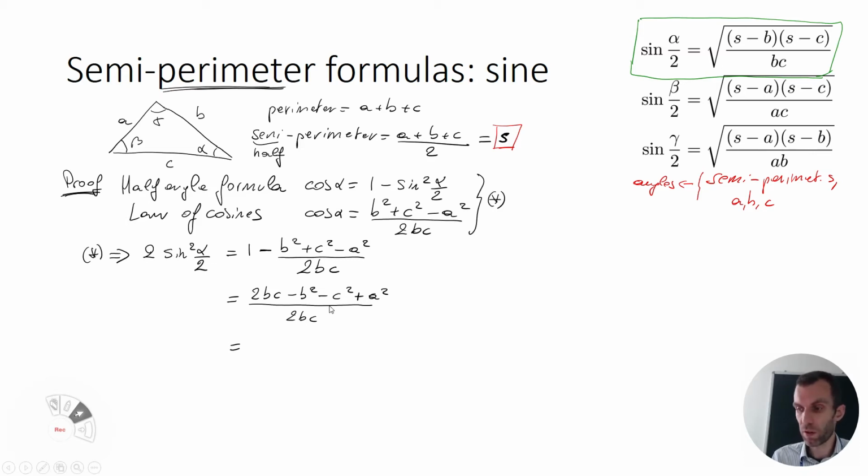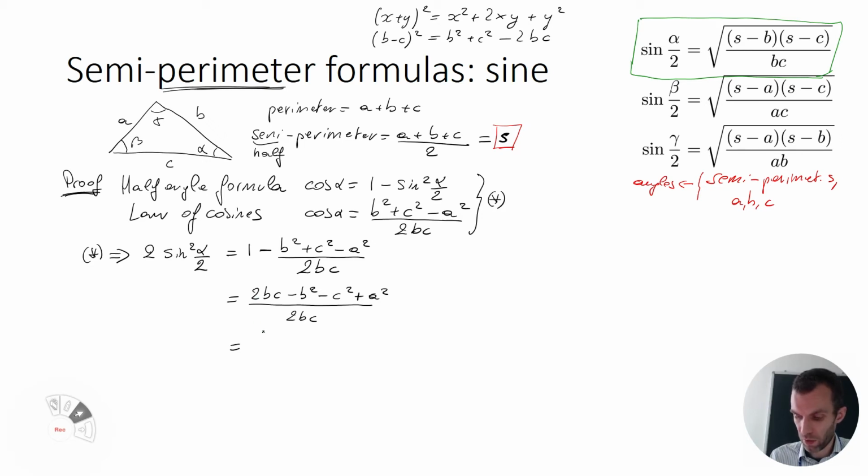If you think a little bit about the formulas that you know from algebra, you know that x plus y squared is equal to x squared plus 2xy plus y squared. So here we have the same thing. We're going to use b minus c squared is b squared plus c squared minus 2bc.